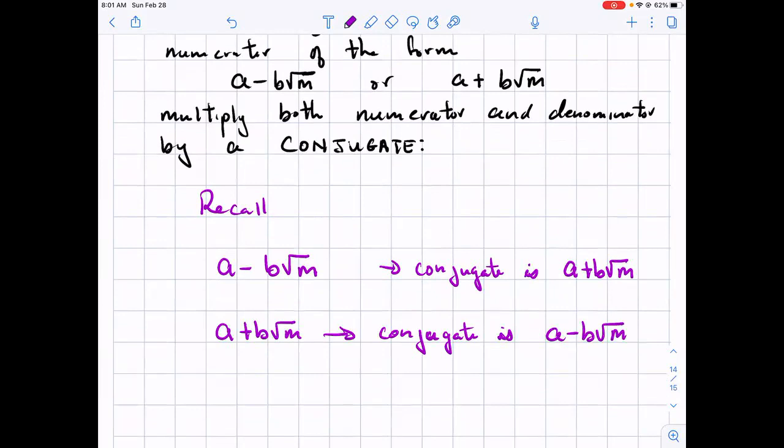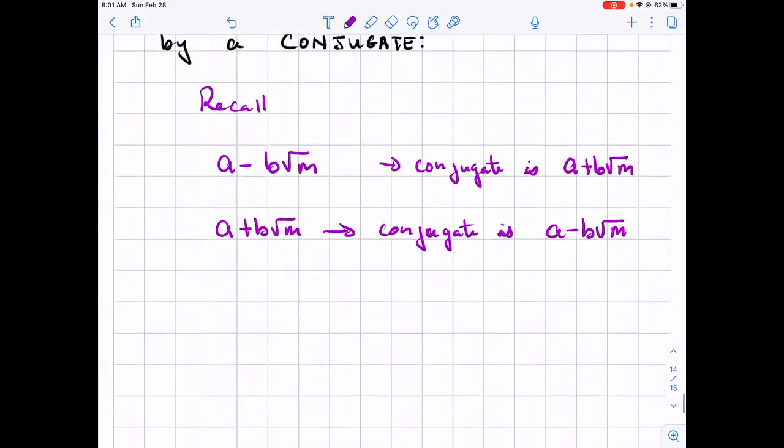And keep in mind, if the square root is by itself, if we have square root of m, its conjugate is square root of m. So when m is by itself, and keep in mind here, m has to be positive, right? m has to be some positive number.